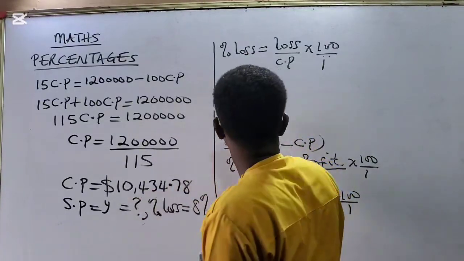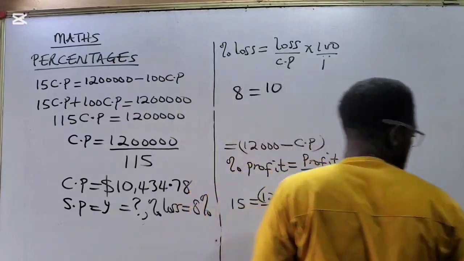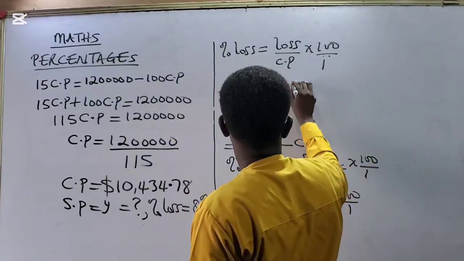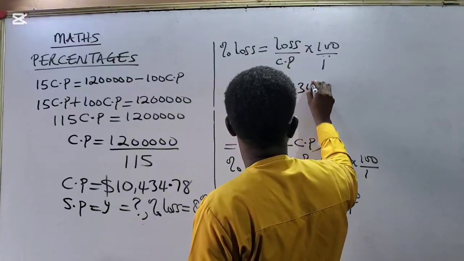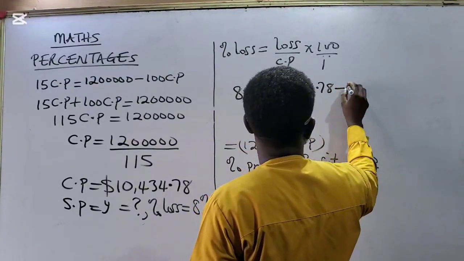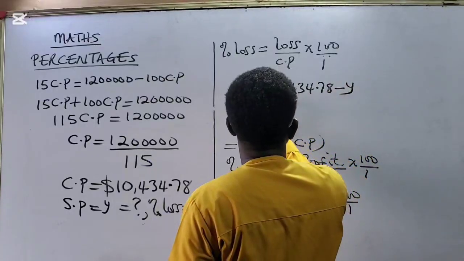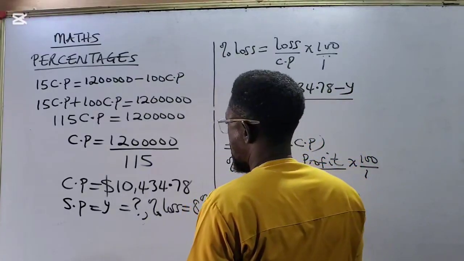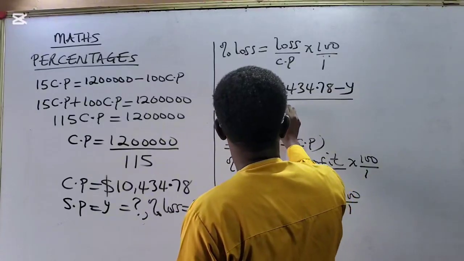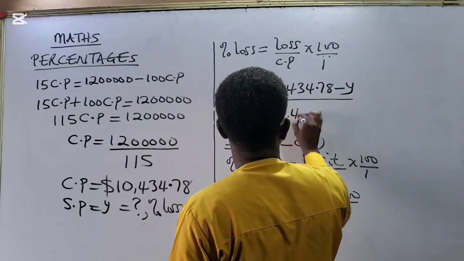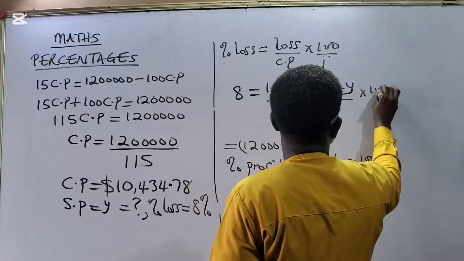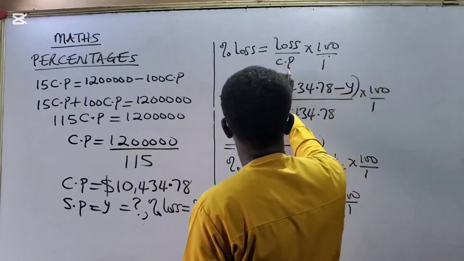So the cost price is 10,434.78 minus the selling price, which is Y, all over the cost price, which is 10,434.78, then times 100 over 1.